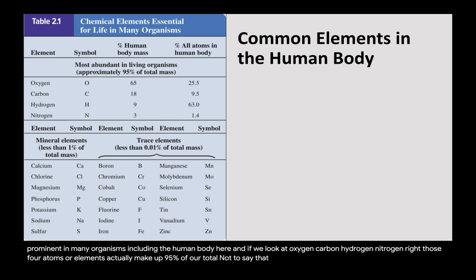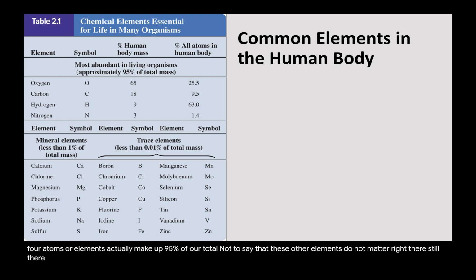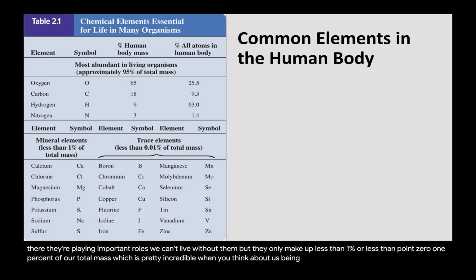Not to say that these other elements do not matter. They're still there, playing important roles. We can't live without them. But they only make up less than 1% of our total mass, which is pretty incredible if you think about us being mostly composed of 4 different elements.